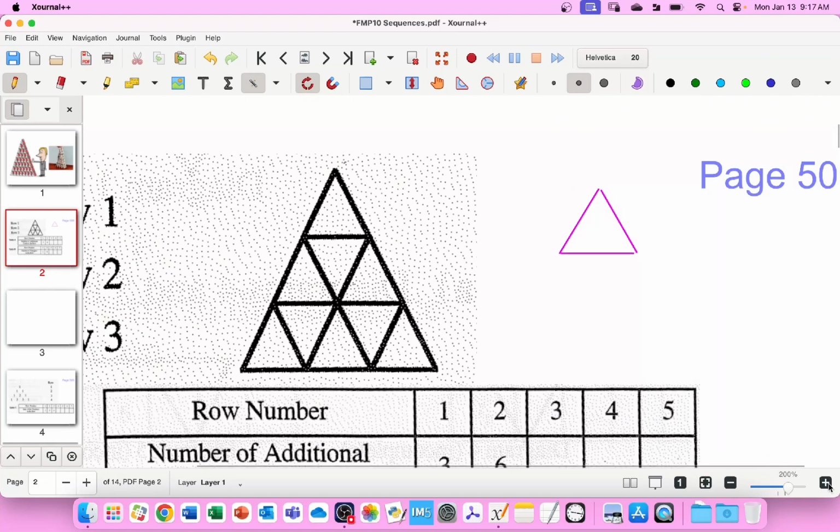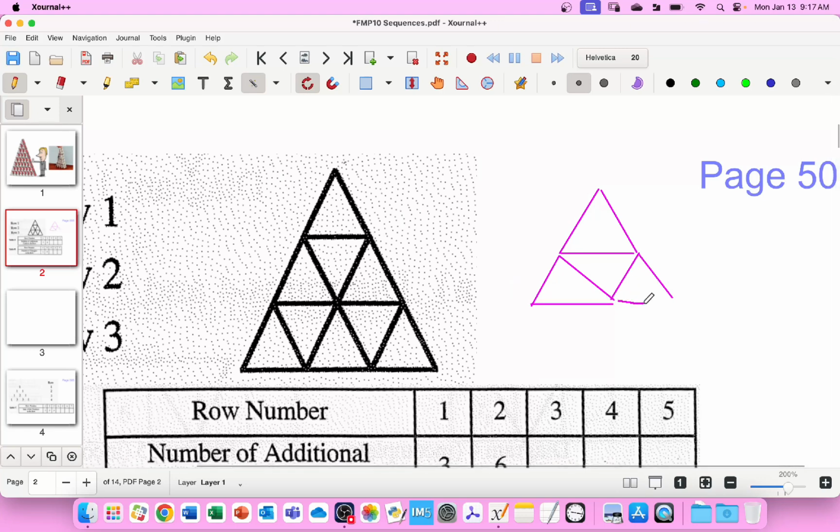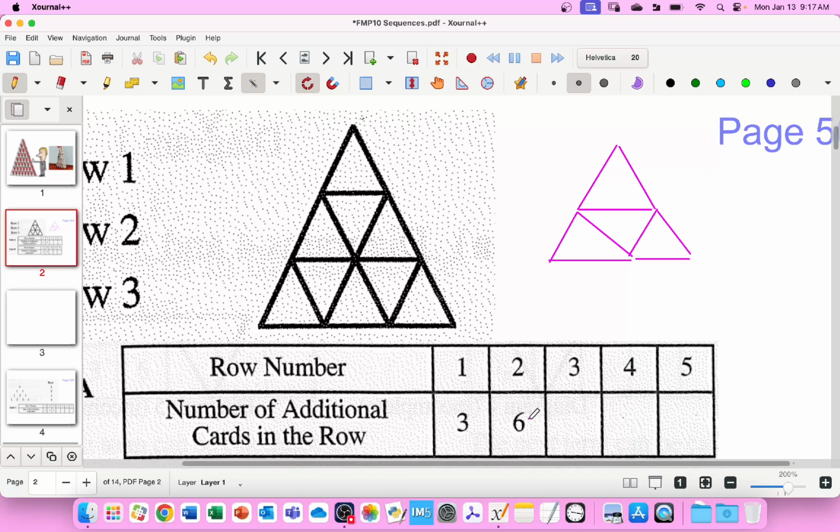So for row number 2, if I'm going to try to add to this, I would need 1, 2, 3, 4, 5, 6. So see how I would add 6 cards, which is why that's a 6.